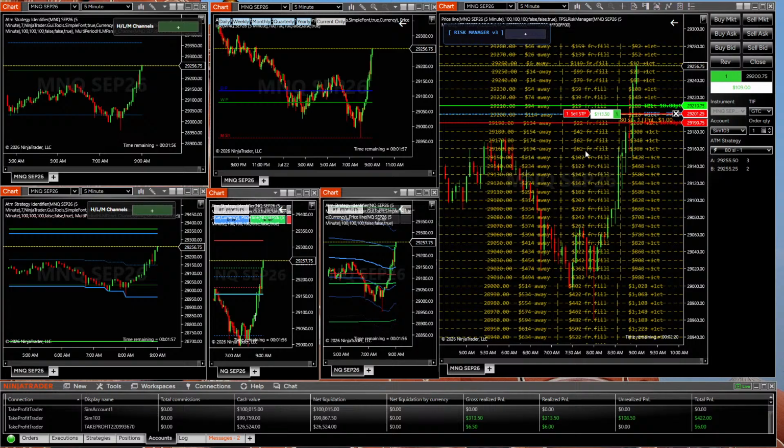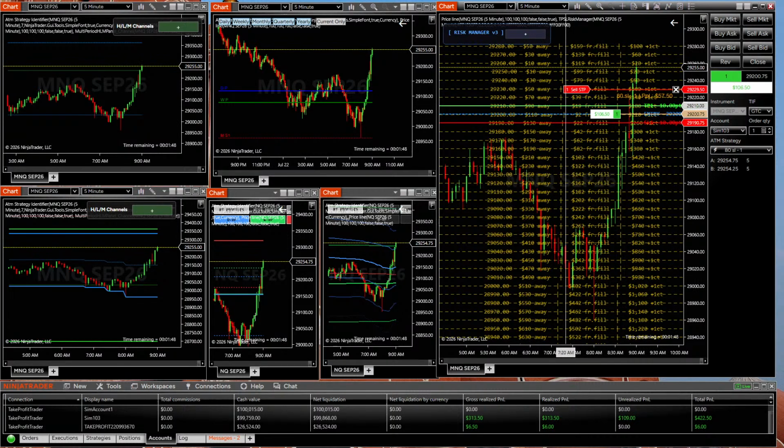All right, so now I kind of want to trail this thing here. Right now we're up 100 plus on one micro. Locked in 50, so we're locking in about half of that profit, right? See if we can get up to that 3.